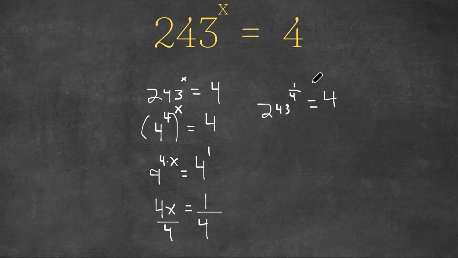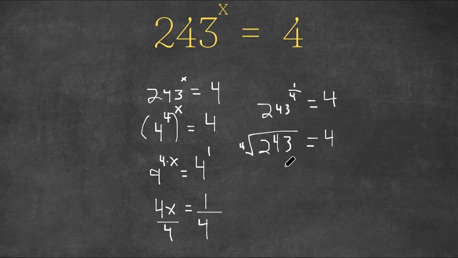And something to the power of 1/4 is the same thing as the 4th root. This is the same thing as 243 to the 4th root, and this equals 4.